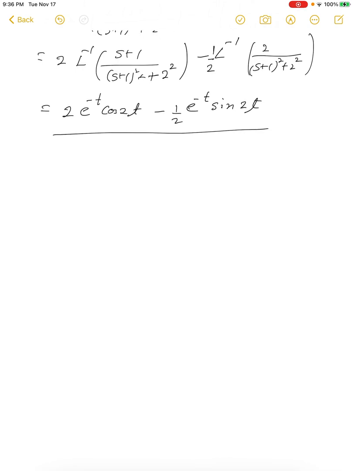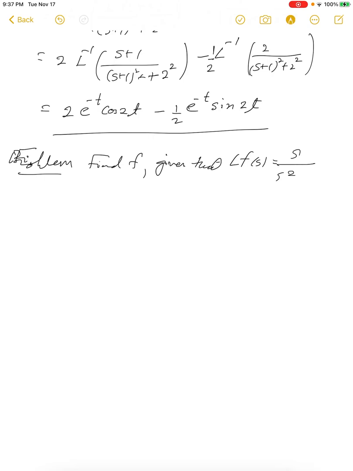So let's do one more. Find, so another problem. Find f given that LF of s is s over s square plus 6s plus 10.